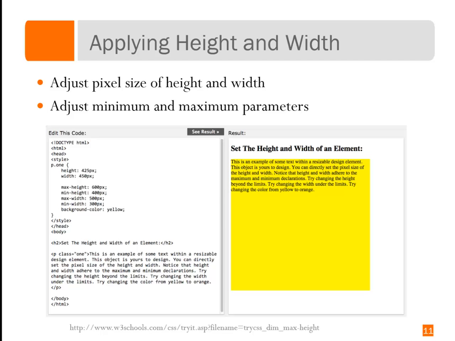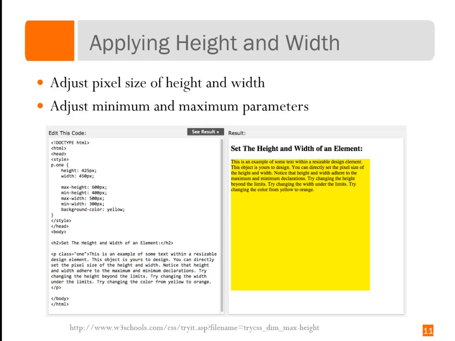Even though we set the height to 375 pixels, the parameter of minimum height at 400 is greater than that, so it's going to apply the minimum height, and so it will always be 400 pixels or greater, but it won't allow the viewable area to be less than 400 pixels.